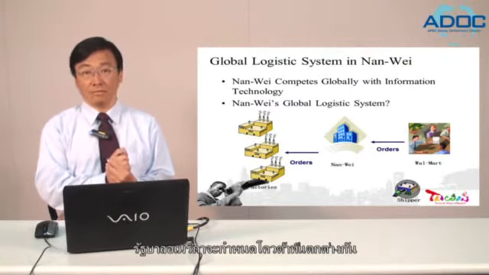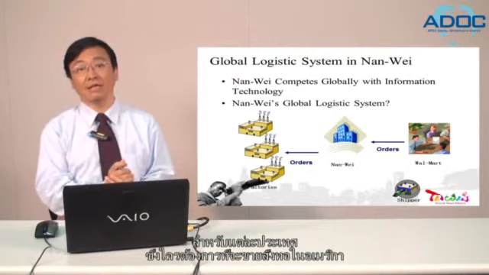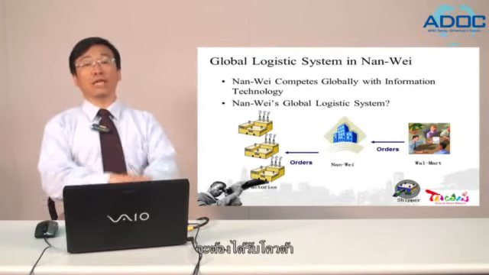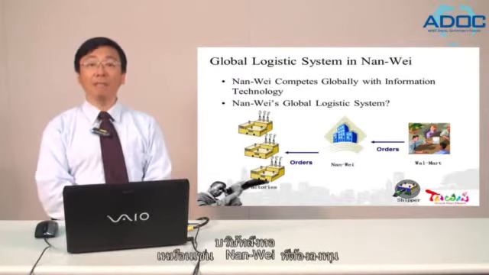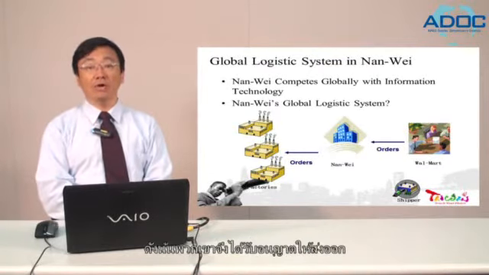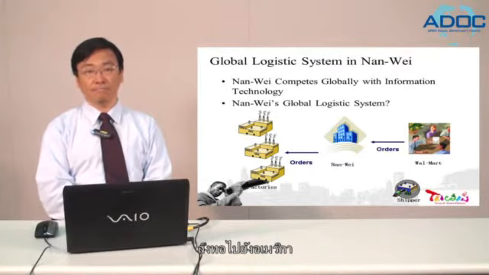The US government sets up different quotas for countries that want to sell textiles into the United States. So in order to use that quota, a garment company like Nanwei has to invest in some underdeveloped country, such as Swaziland, so that they are allowed to export garments into the United States.